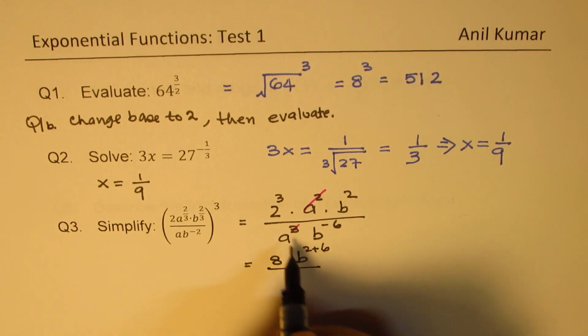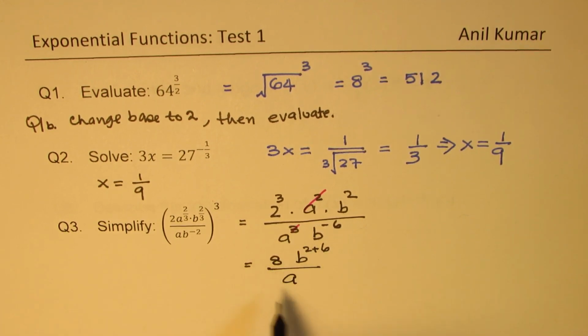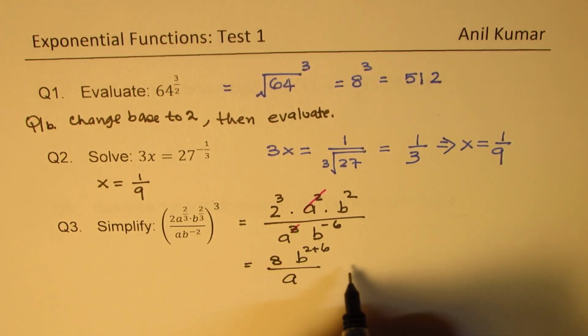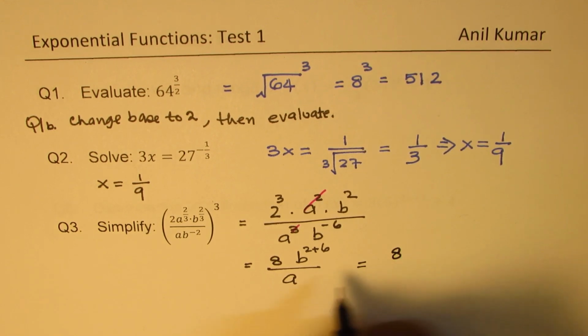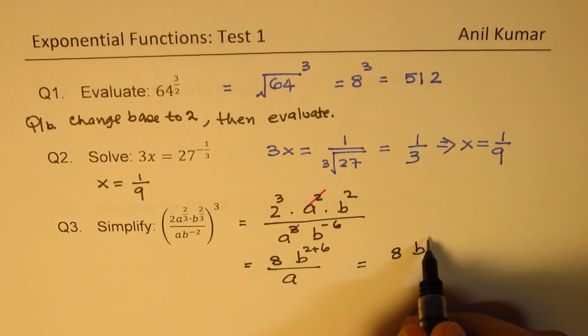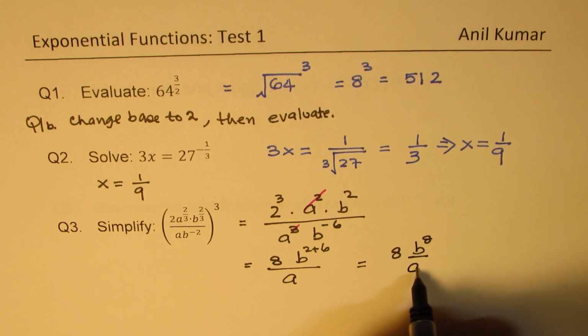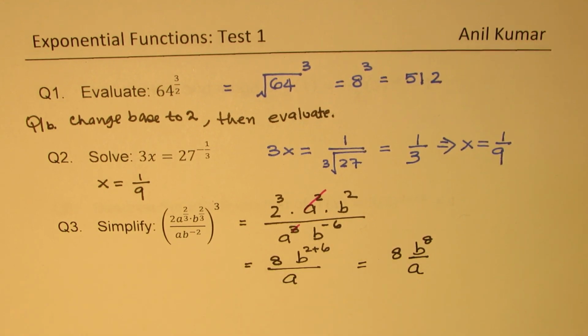Let me write like this, over a. Now we should be writing our solution with positive exponents, that's the whole idea. So I'm not writing a to the power of minus 1. So let me write this as 8, and here we get b to the power of 8 over a, and that becomes the simplified form of the given expression. Clear?